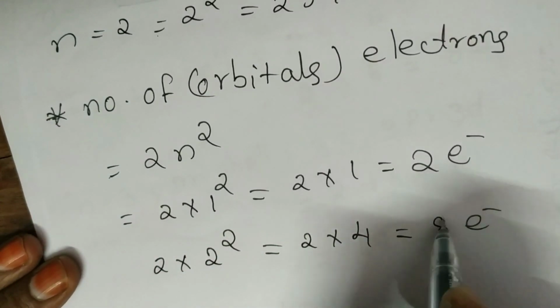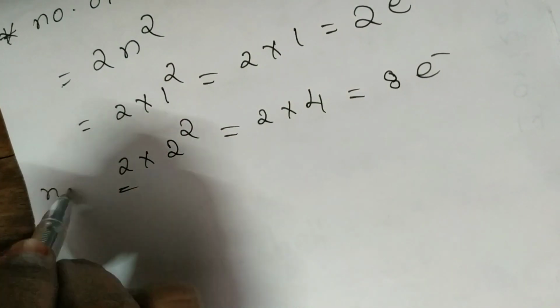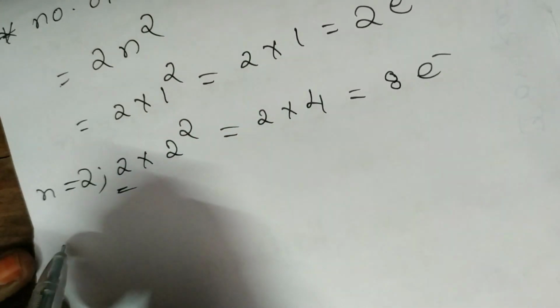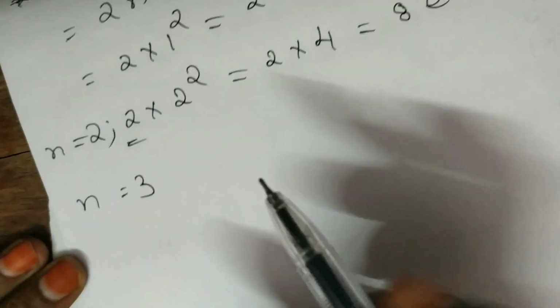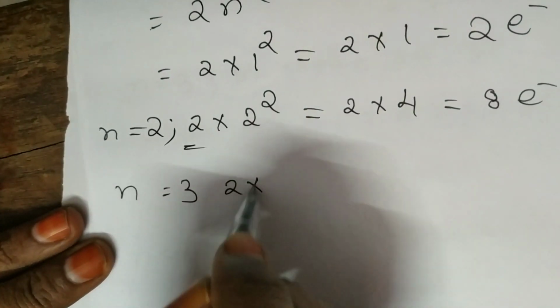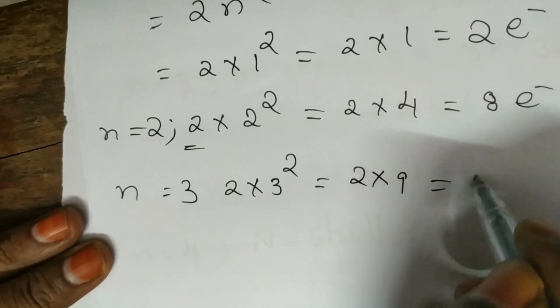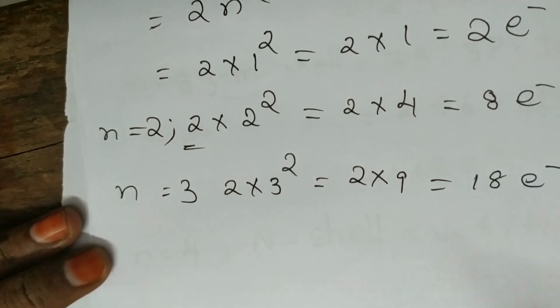Here n is the number of the shell, so n is equal to 2. Then n is equal to 3, the third shell: 2 into 3 square, so 2 into 9 is 18 electrons.